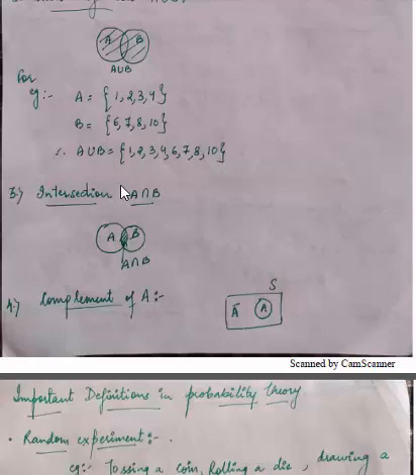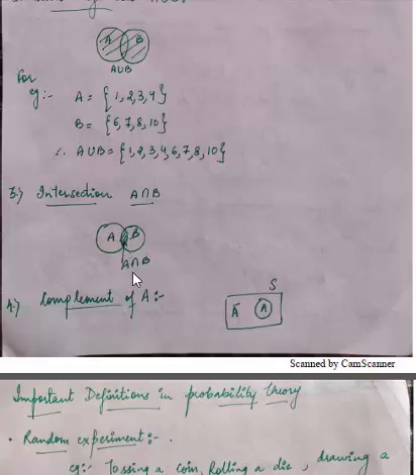Next is intersection of two sets, that is A intersection B. Intersection of two sets is all the elements they have in common. We need to find the elements that are common in both the sets. So draw a picture of two overlapping circles. The elements that are common to both sets will be placed in the middle part where the circles overlap.